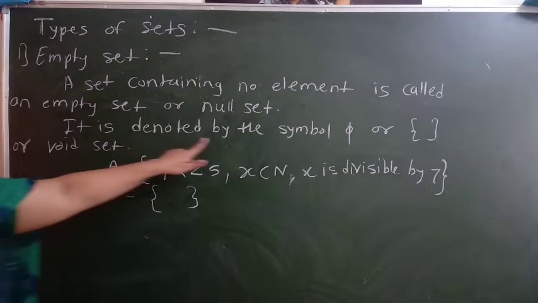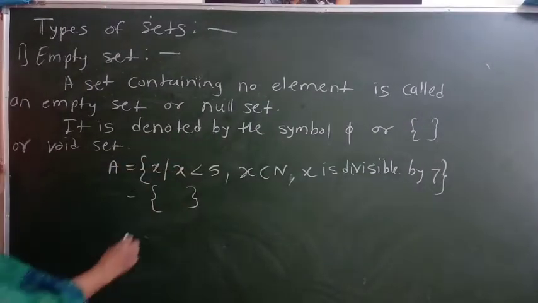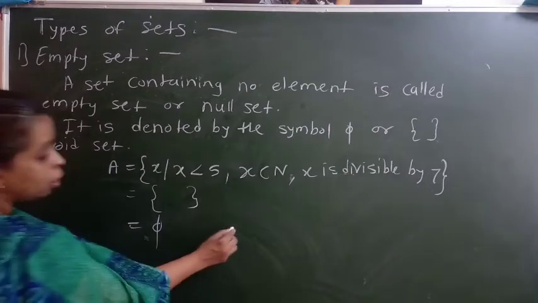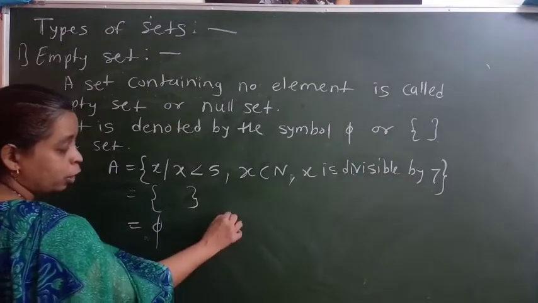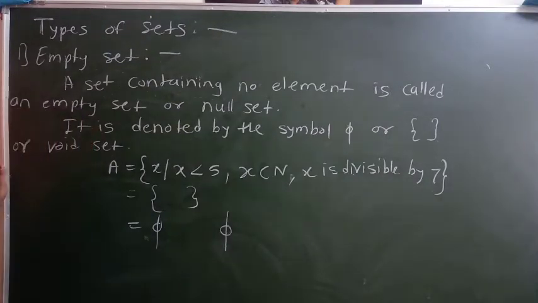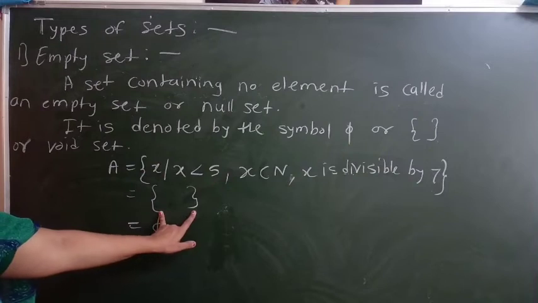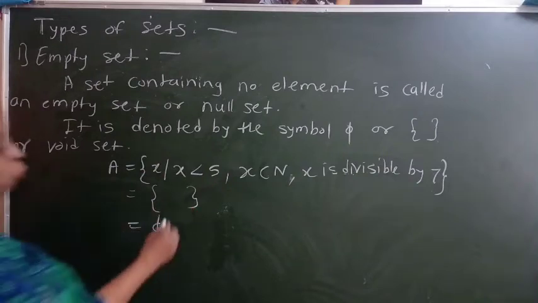Now it is denoted by the symbol phi. This set is also denoted like this. Phi means you can write 0 and 1 vertical line. So this is your symbol phi. Or it is null set, means only curly brackets are there. There is no any element.